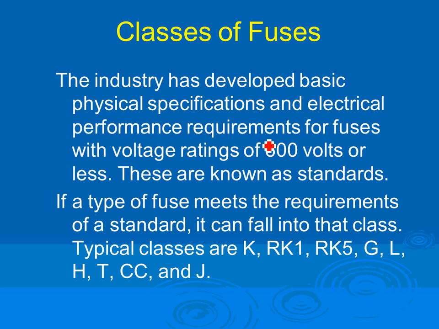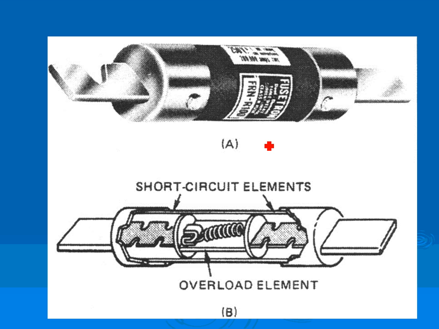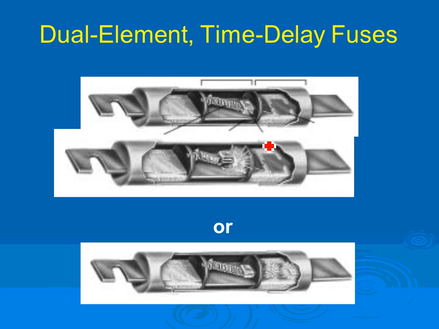Then you get into the characteristics of them. Are they current limiting fuses or non-current limiting fuses, or are they dual element time delay fuses or non-dual element time delay fuses? So that's where you get into RK1, RK5, and the rest of all these guys. Dual element time delay fuses.